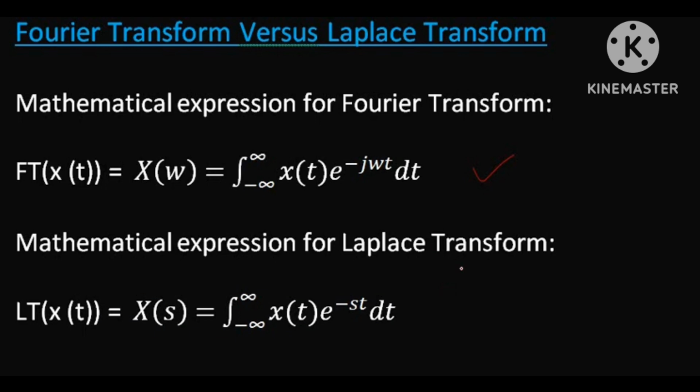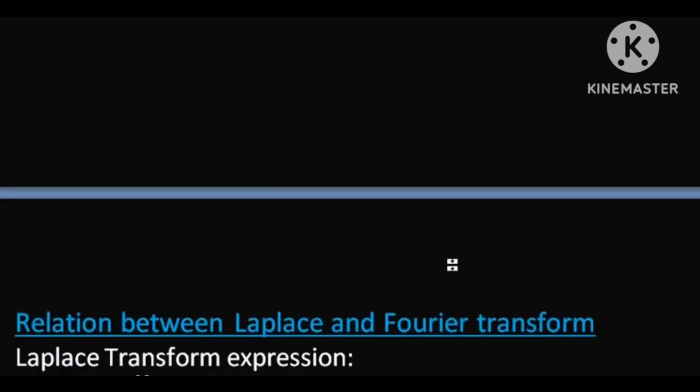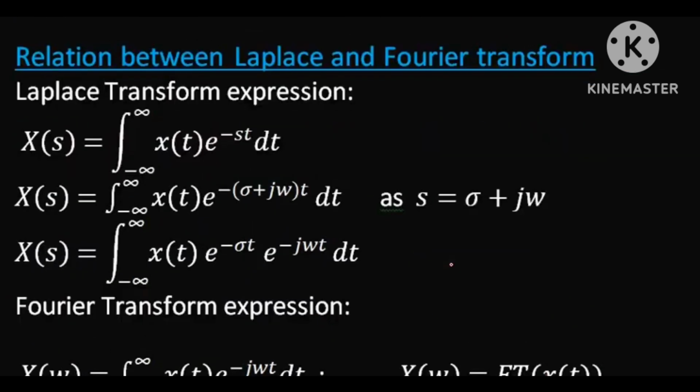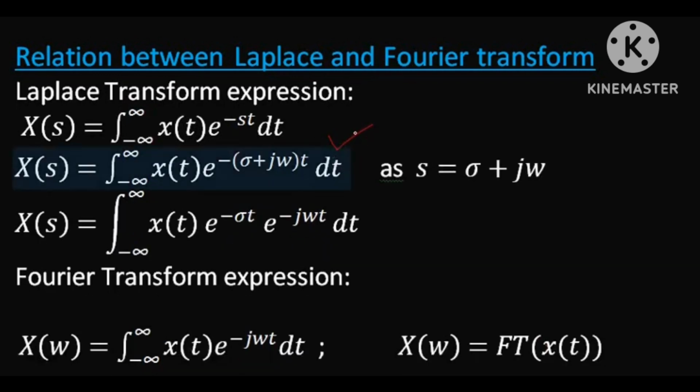Now we have to see the relation between Fourier transform and the Laplace transform. For finding the relation, we should start with the expression of Laplace transform. X(s) is equal to integration from minus infinity to infinity x(t) e raised to minus s t dt. s is a complex variable which is equal to sigma plus j omega.